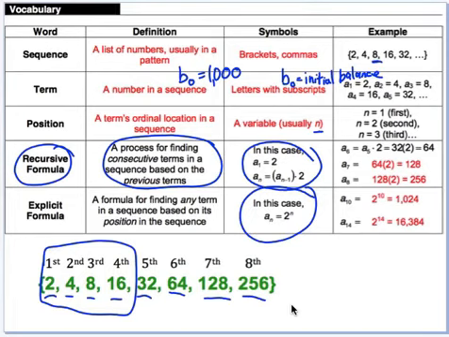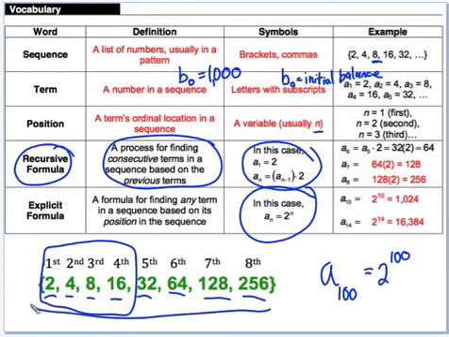Instead, it would be really easy to say, okay, let's say we wanted to know a sub 100. For my 100th term, it's much easier to say 2 raised to the 100th power, instead of doing this huge recursive process 100 times to finally find my answer.